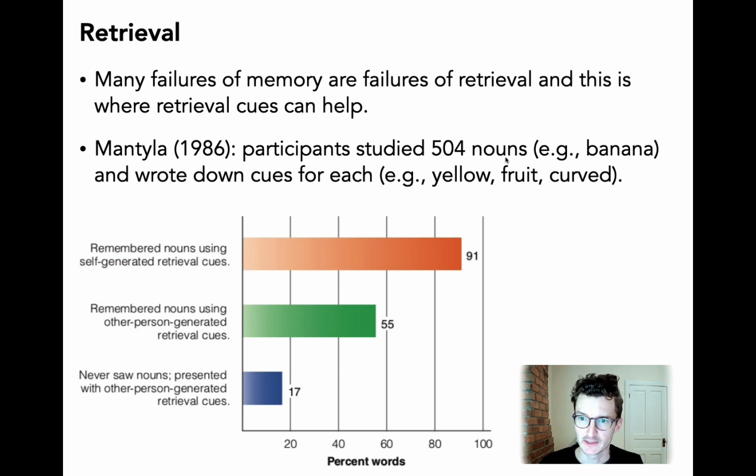And what they found was that when you generate retrieval cues yourself, this leads to better recall of material. So you want to generate retrieval cues. You can create acronyms, relate material to yourself, to your life in some way, and this will actively benefit your recall of the material.